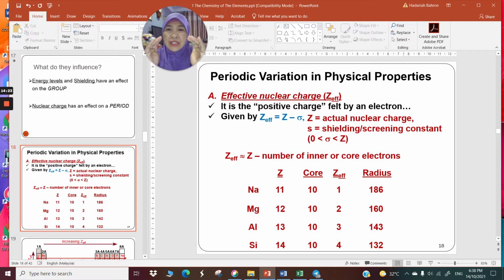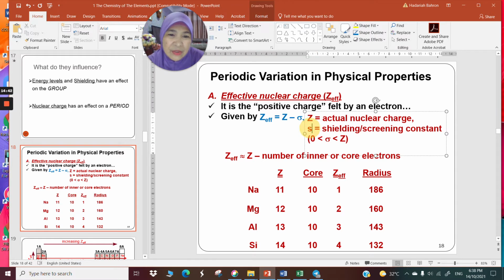The electron on the orbital feels the positive charge in the nucleus. Given that Z effective is equal to Z minus sigma, where, sorry, that should be a sigma.